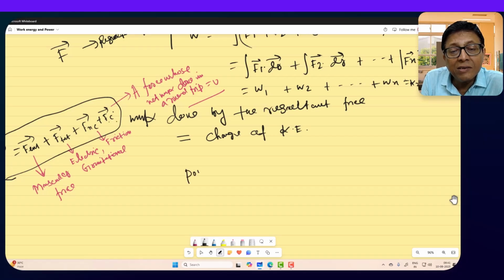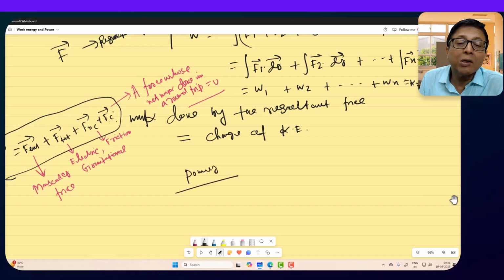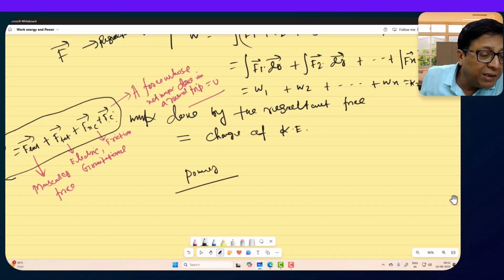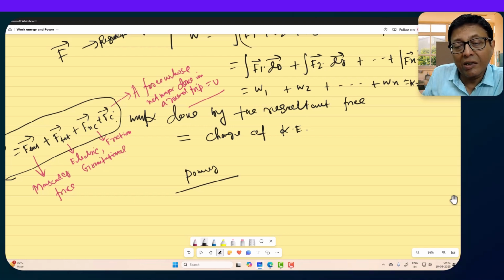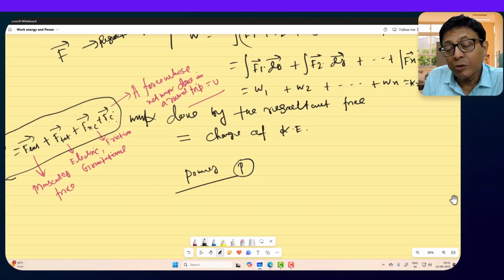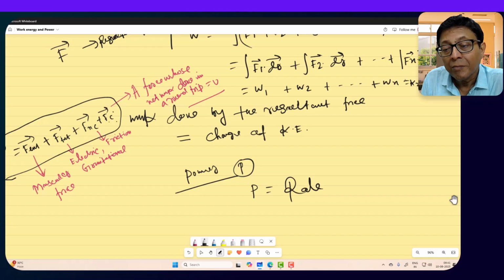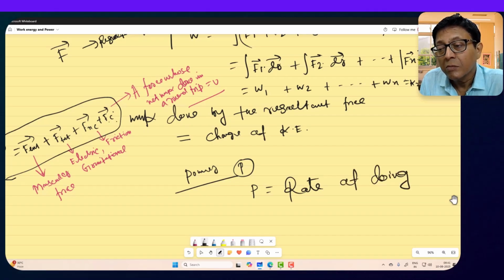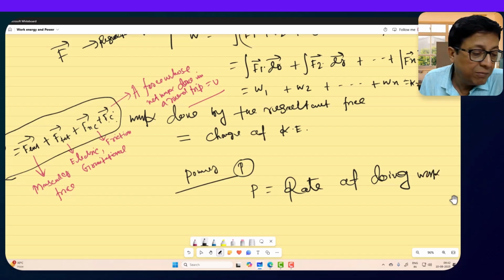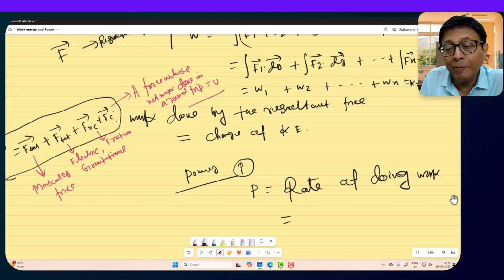Power means that rate of doing work. Power P, what you have understood, power P is rate of doing work. So this power P is going to be dW by dt.